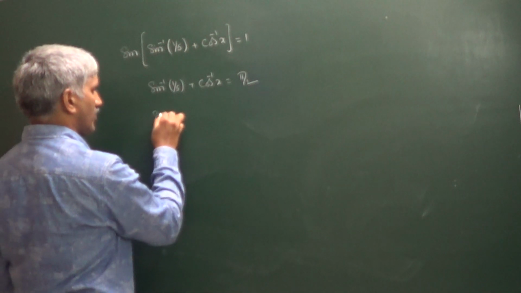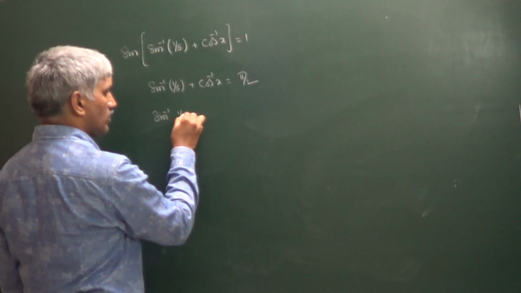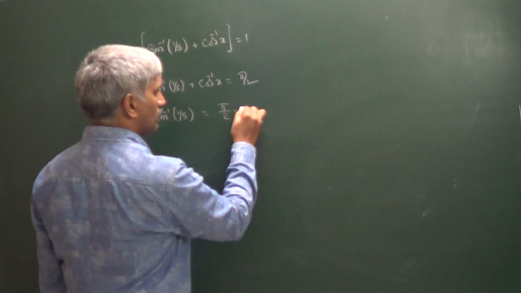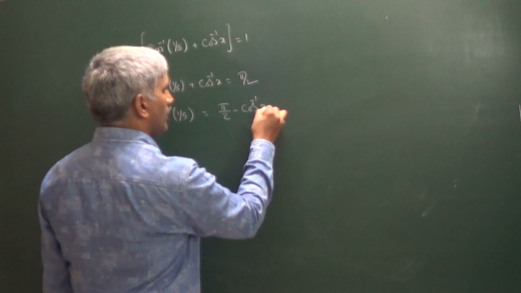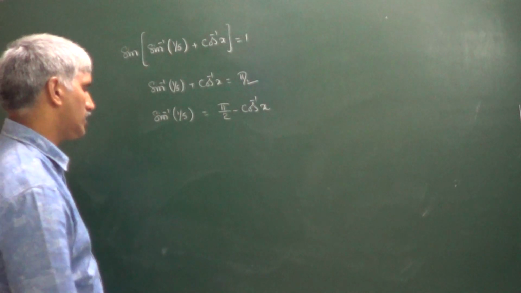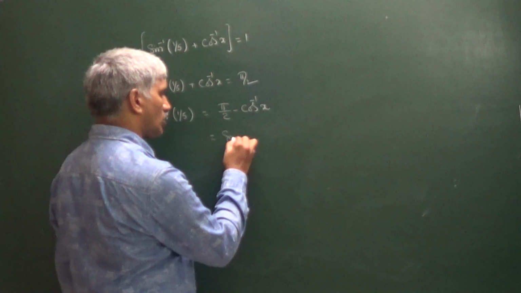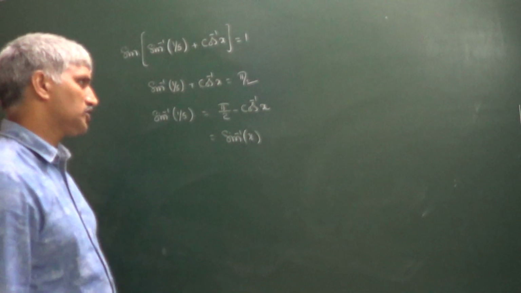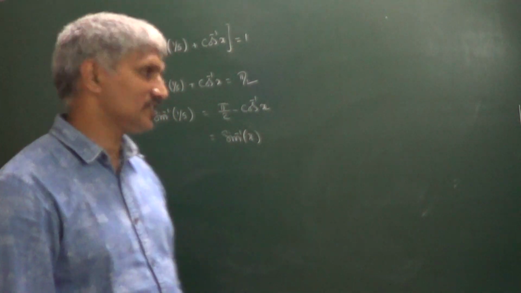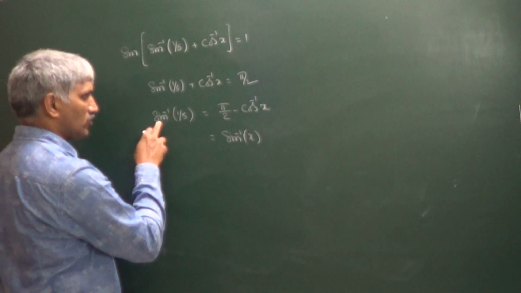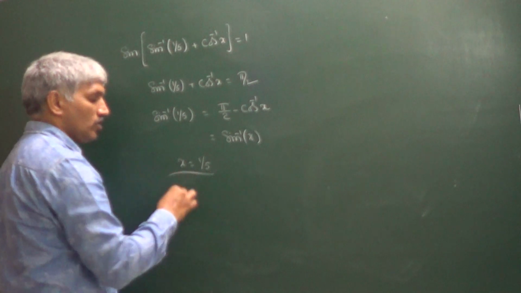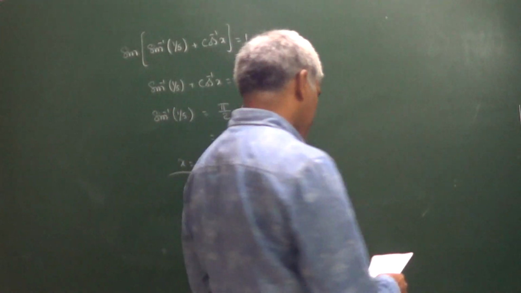And again we can write this as sine inverse 1 by 5 is equal to pi by 2 minus cos inverse x. But what is pi by 2 minus cos inverse x? We can write it as sine inverse x. Now sine inverse x is equal to sine inverse 1 by 5. Therefore we can write x is equal to 1 by 5.